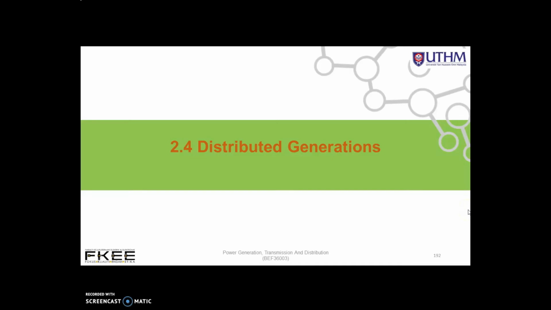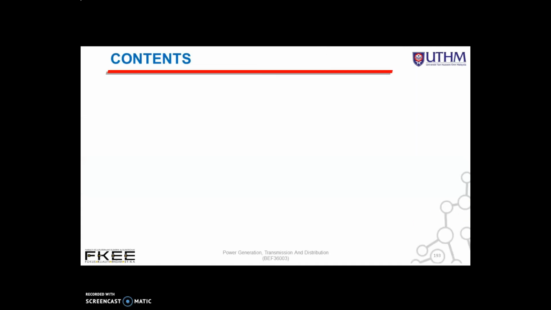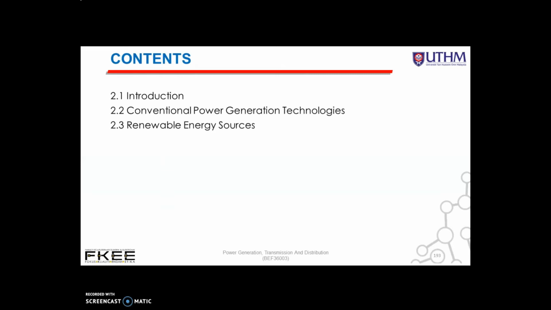Okay, next is distributed generation, or DGs. We have covered for chapter 2 the introduction, conventional power generation technologies, and renewable energy sources, and now is section 2.4, distributed generation, DGs. After this is 2.5, economics of power generation.